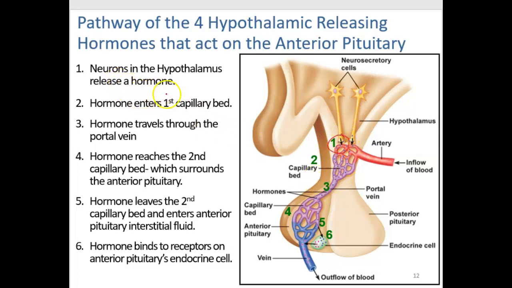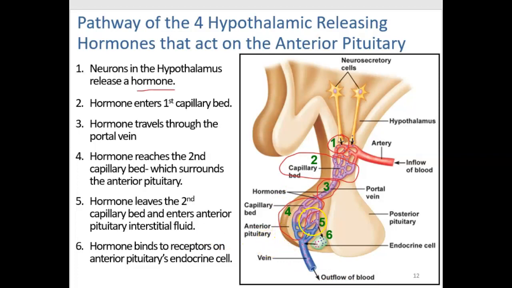So the neurons release the hormone, and then the hormone moves into the capillary bed. Then the hormone travels through a portal vein, and it reaches the second capillary bed, labeled number 4, and that capillary bed surrounds the anterior pituitary lobe.